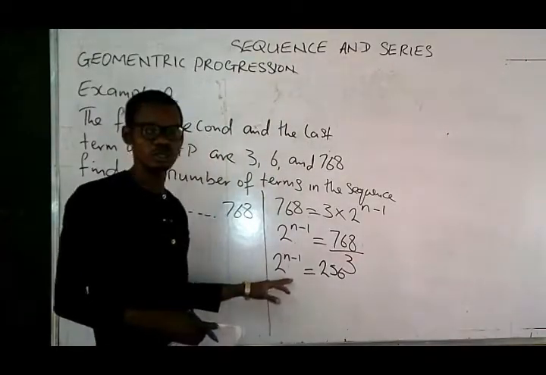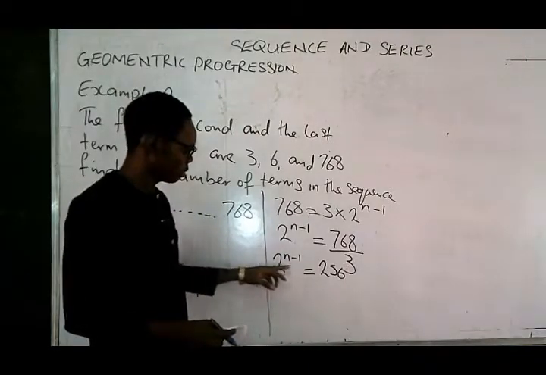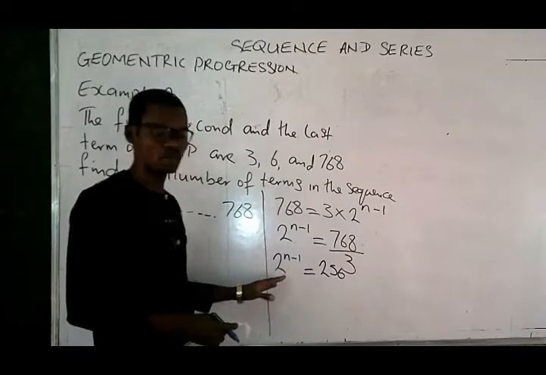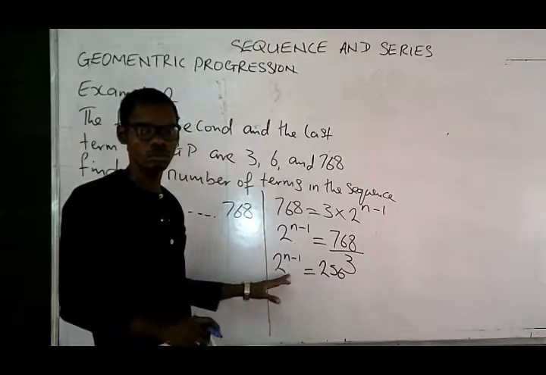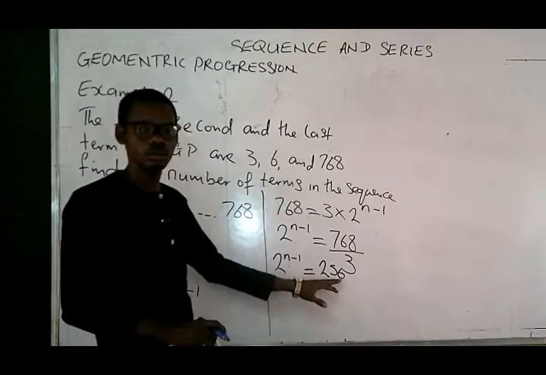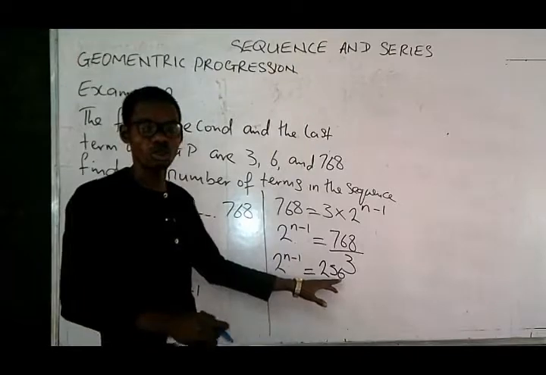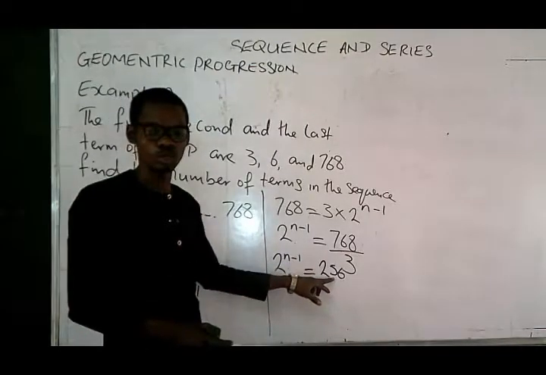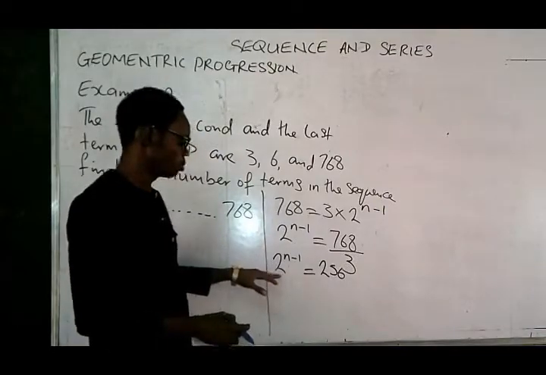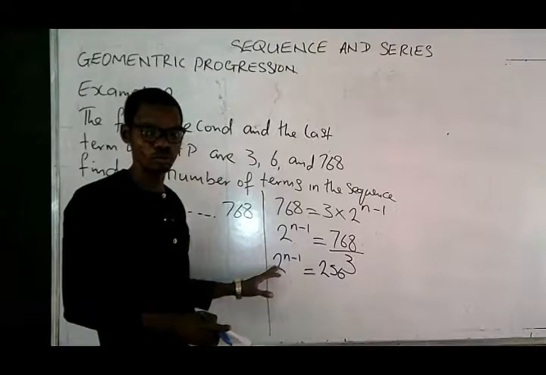Now, having done this, you discover that the left hand side of the equation is in index form, while the right hand side of the equation is in ordinary form. So we have to write this number in index form, being that here is in index form with a base of 2.